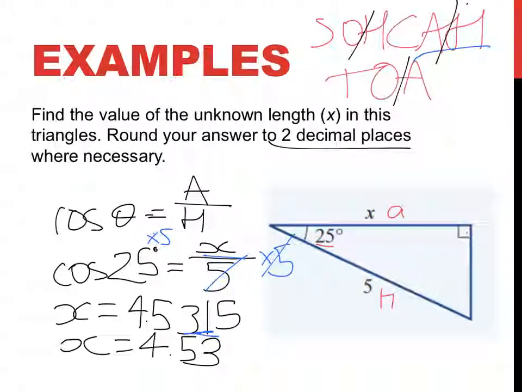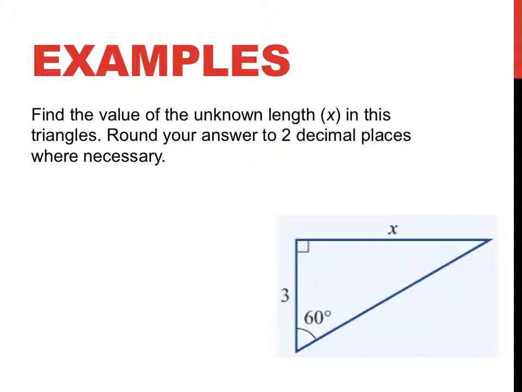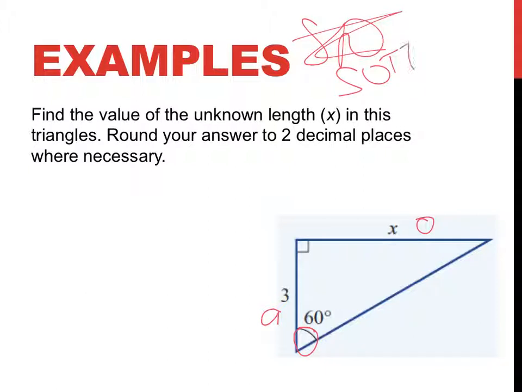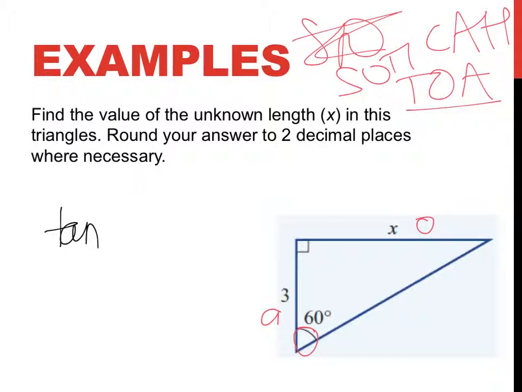If we have a look at this one here, here's my angle, 60 degrees. So this is going to be the adjacent, and this is going to be the opposite. SOHCAHTOA. I'm going to be using my tan ratio because it has the opposite and the adjacent. So my formula would look like this: the tan of whatever angle I'm doing is the opposite over the adjacent.